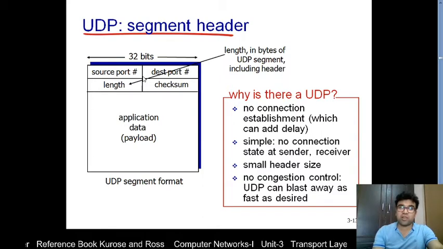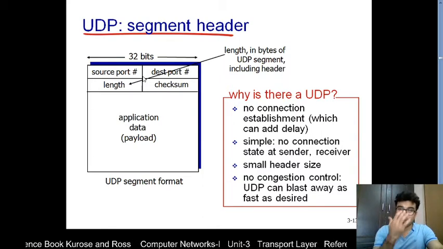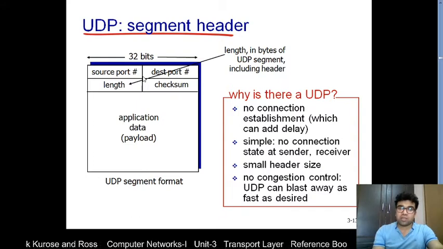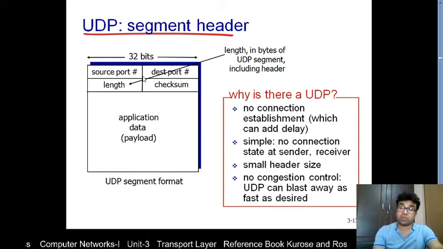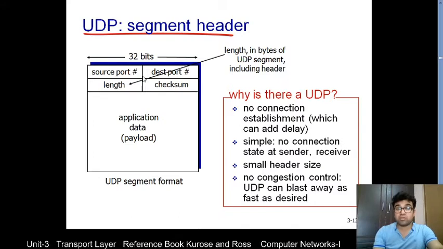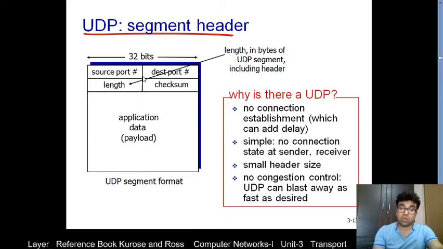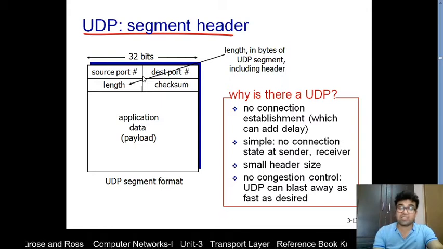So this is the end of our UDP header, and in our next lecture we will see how we can create a reliable protocol, because the transport layer provides you two types of services. The first one, which we have already discussed in this lecture, is for fast communication, which is a connectionless and unreliable service, and this service is provided by UDP.